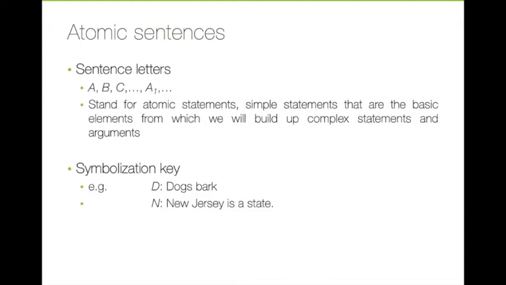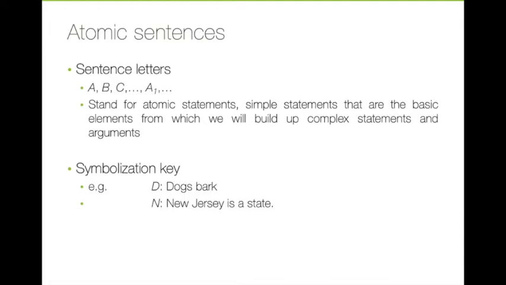When we introduce statement letters to represent simple sentences of English, we must include a symbolization key, which is also often called a dictionary, that associates our sentence letters with a corresponding statement of English. So here's a kind of symbolization key that tells us what the sentence letters stand for. Uppercase italicized letter D is going to stand for dogs bark.